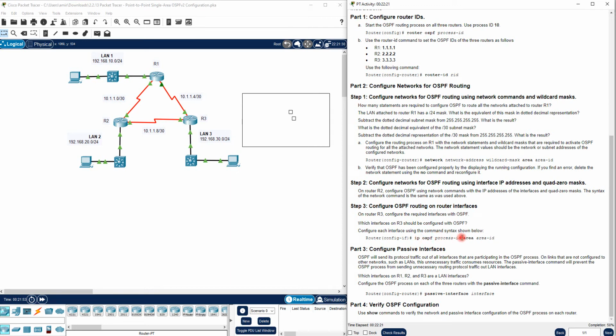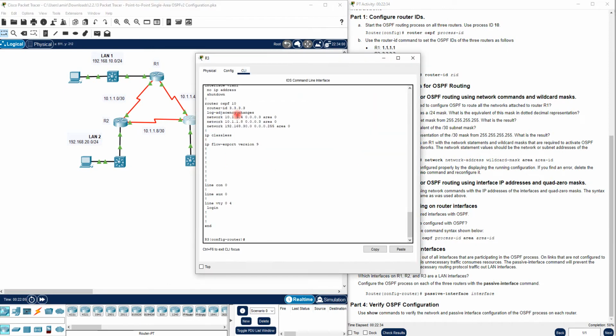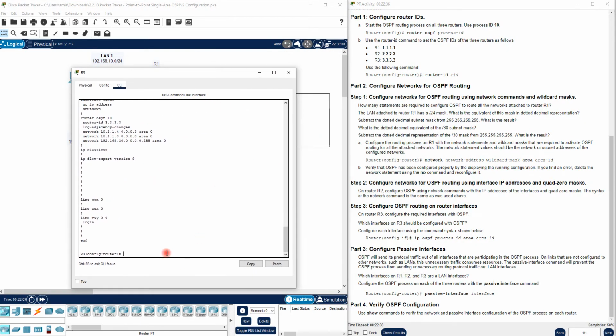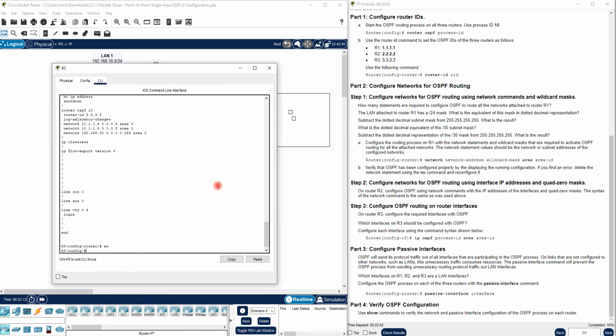IP OSPF 10, for example, and something like that. But in this situation, you also have this option for configuring OSPF routing.